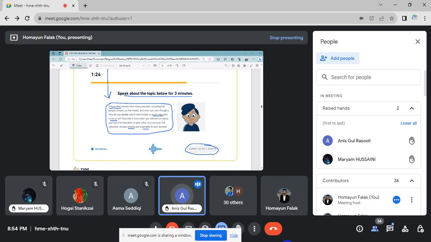Okay. Information comes from many sources, including people, the media, and then our own thoughts. I think it is true that information comes with it. And I think that the information that comes from these resources is not very reliable or true, because when there's something about an issue, and when they want to talk about that issue, they add something from their own.